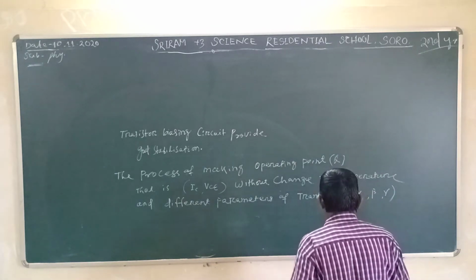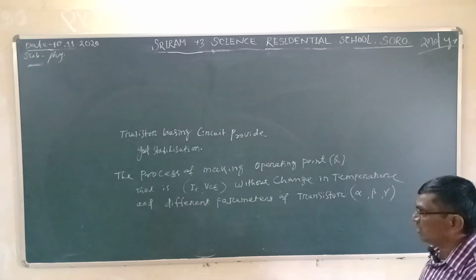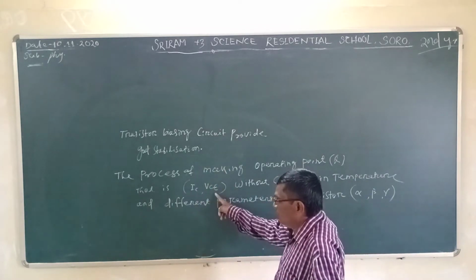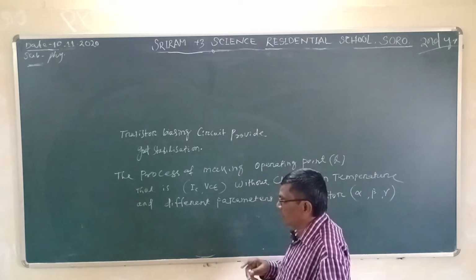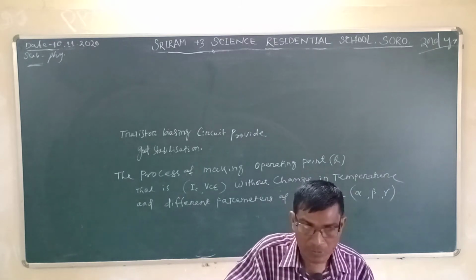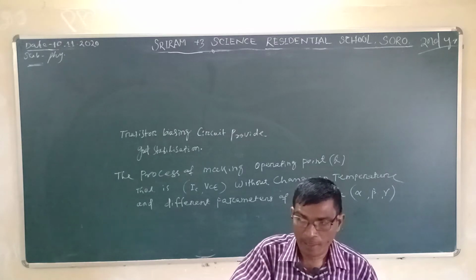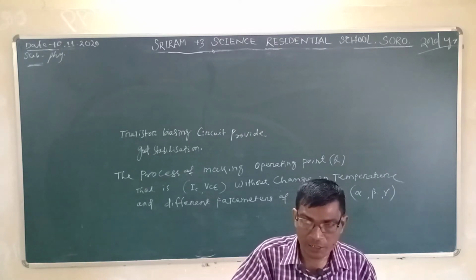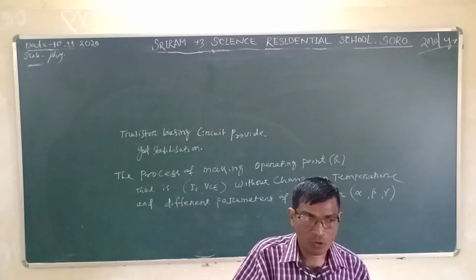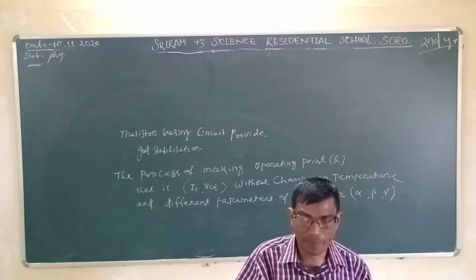So alpha, beta, gamma are the transistor parameters. So stabilization is the process of making the operating point, the Q point, that is the IC and VC point, without change in temperature. It means when temperature changes, stabilization keeps the Q point or operating point fixed, without variation of the transistor parameters alpha, beta, gamma.